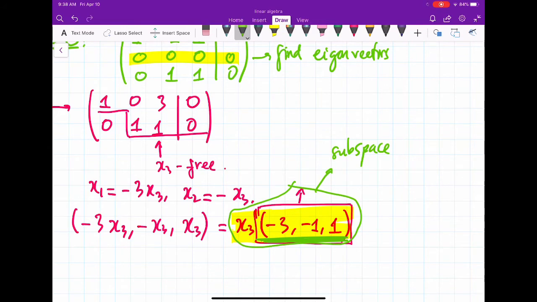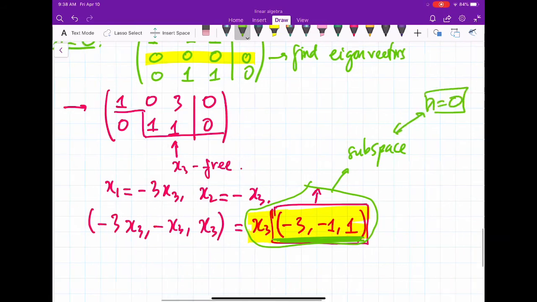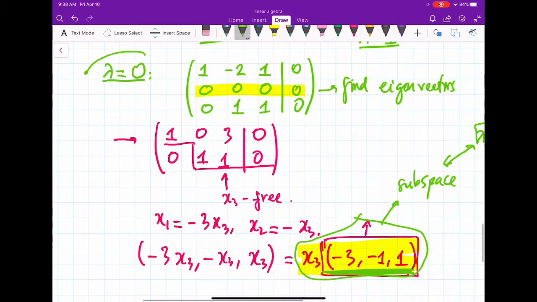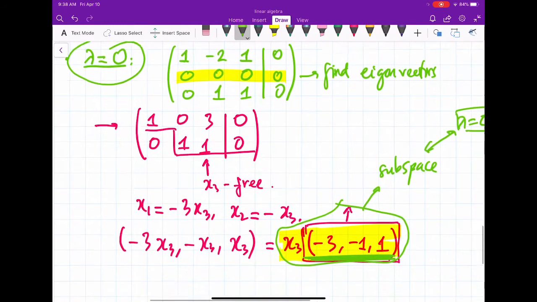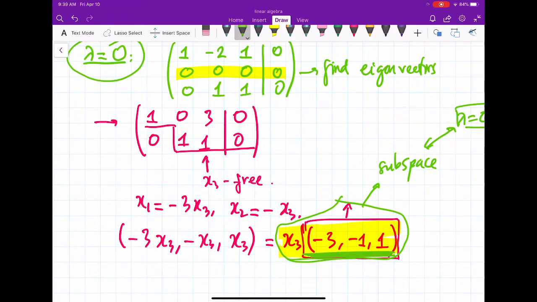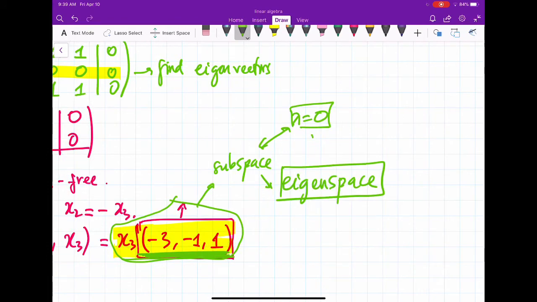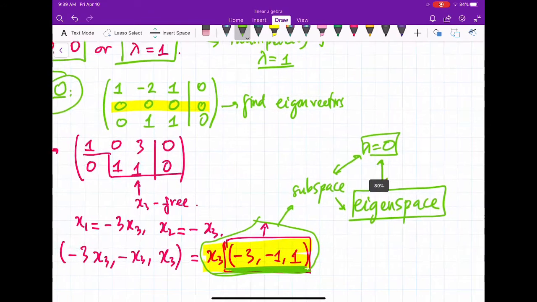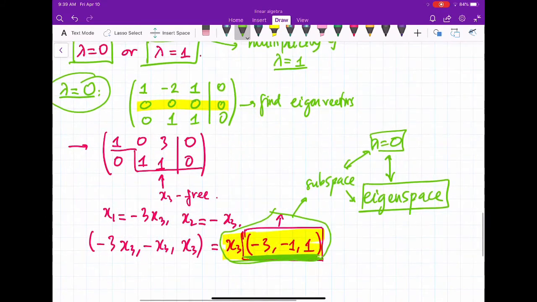And this subspace corresponds to lambda equal to 0. You see? Because we are working with lambda equal to 0, and we need to find eigenvectors. And all eigenvectors of this form will form a subspace, which is called the eigenspace. That eigenspace corresponds to the eigenvalue lambda equal to 0.